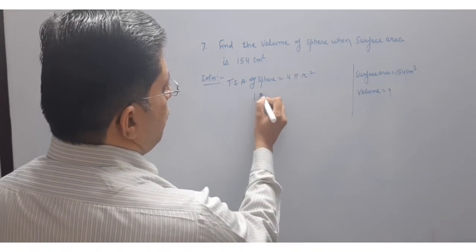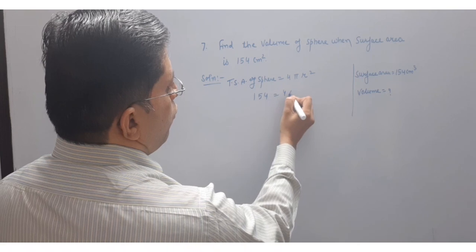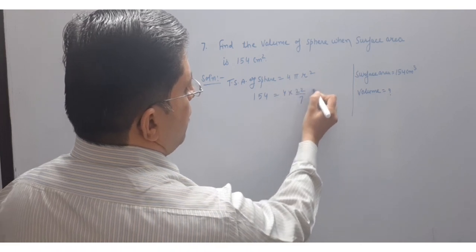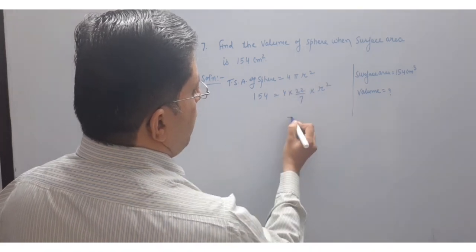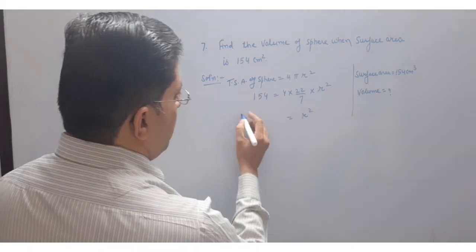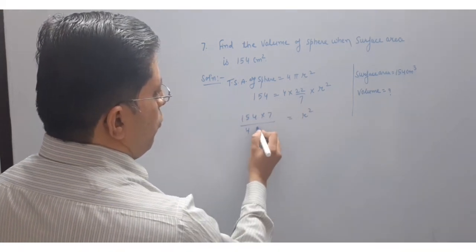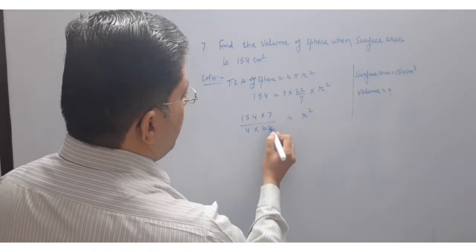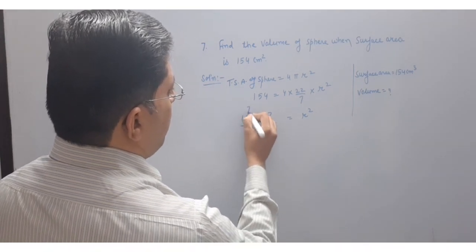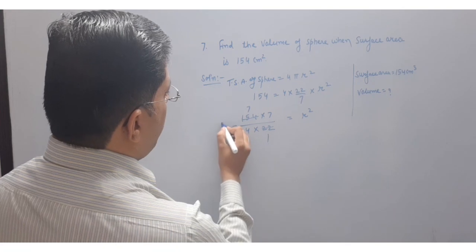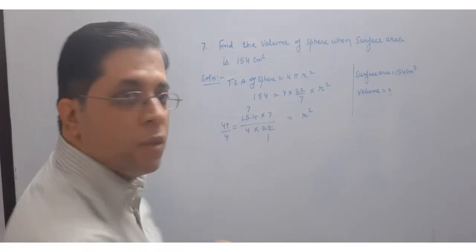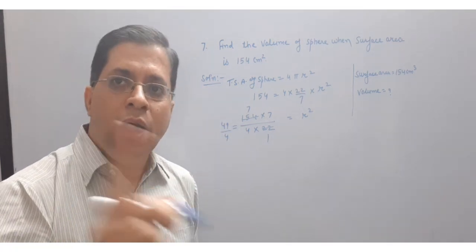PSA is given to you 154. 4 into 22 upon 7, then r square. Then try to send it here. 154 into 7 upon 4 into 22. 22 1s are 22, 22 7s are this. So what will be here? 49 upon 4.